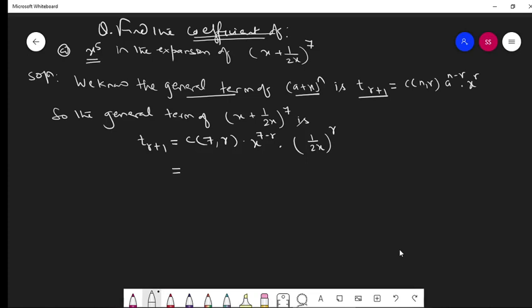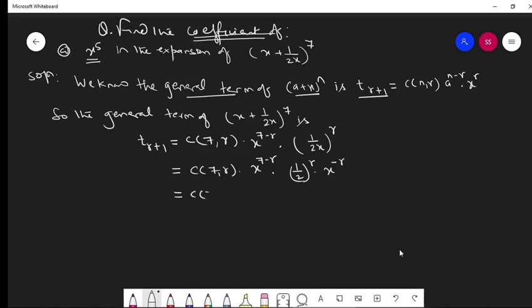Then that is 7Cr x^(7-r) times 1/2^r times x^(-r), since 1/x^r is x^(-r). We break this (1/(2x))^r into two parts: one is 1/2^r and the next one is 1/x^r, which is x^(-r).